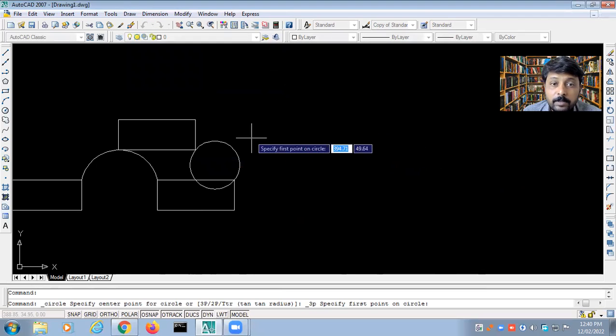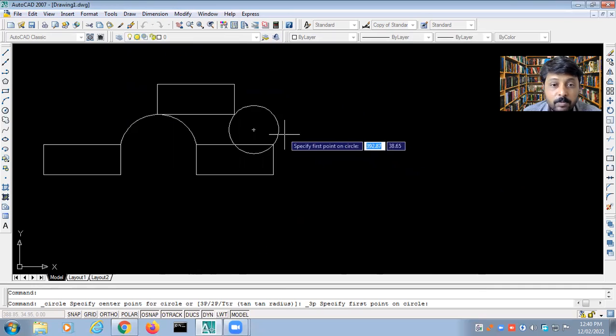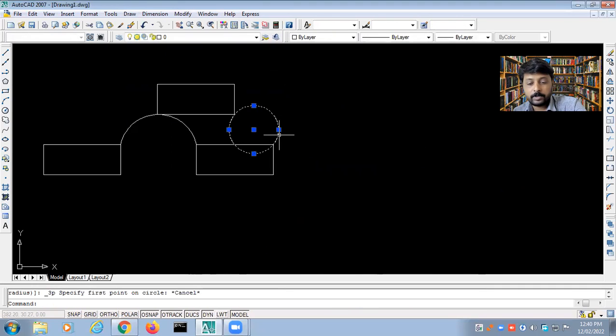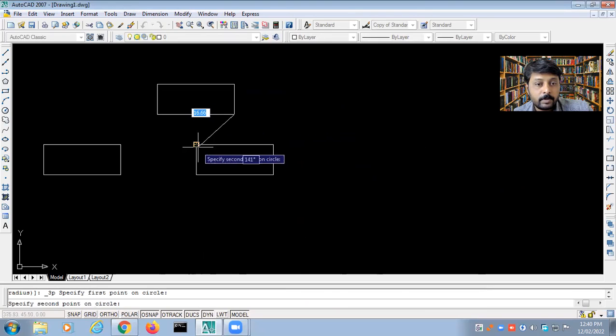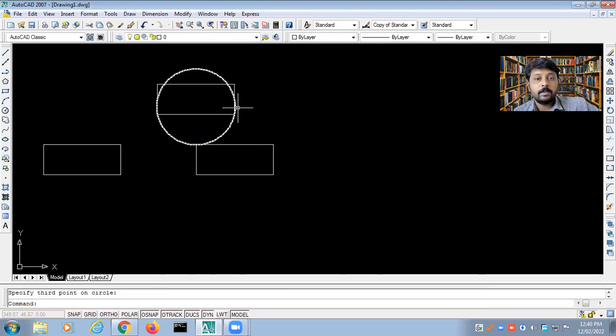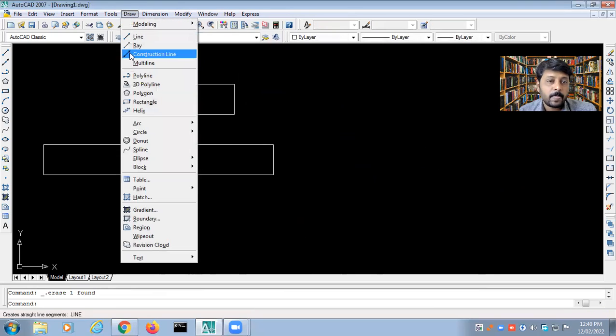Now I want a circle which can pass through 3 points. Let us see how it is drawn. Suppose I have these 3 points, 1, 2, 3. This is how it is going to be passed through. Okay. So I hope you are understanding this.